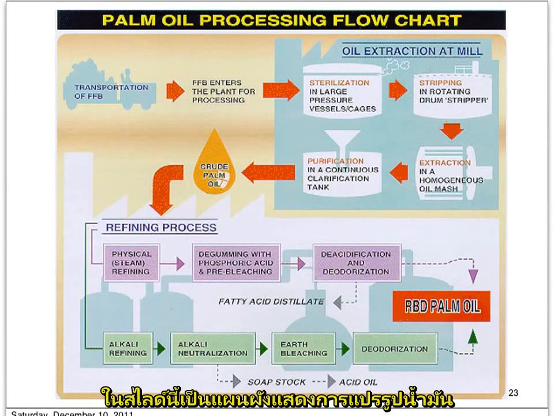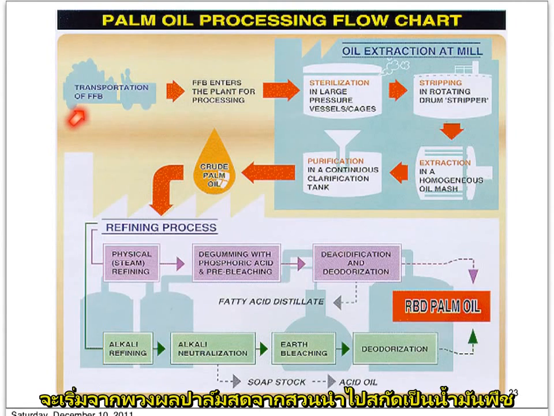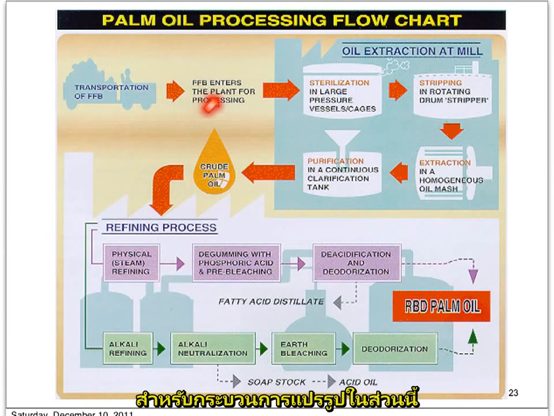So this is a nice flow chart to show the various stages in palm oil processing. We start from transporting the FFB, the fresh fruit bunch, from the plantation by using various means of transportation. Then it will go to the oil mill, to the plant for processing.